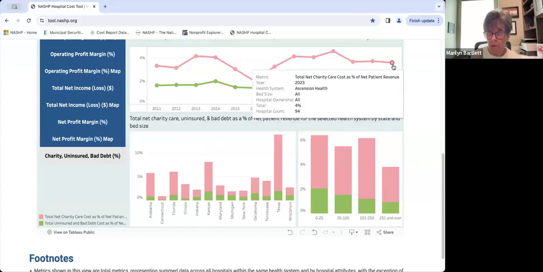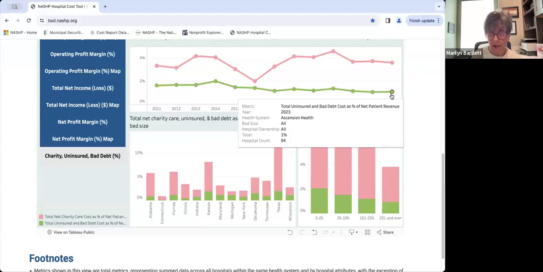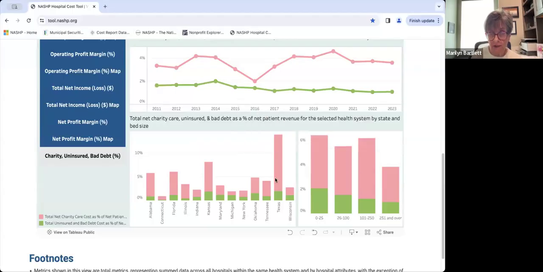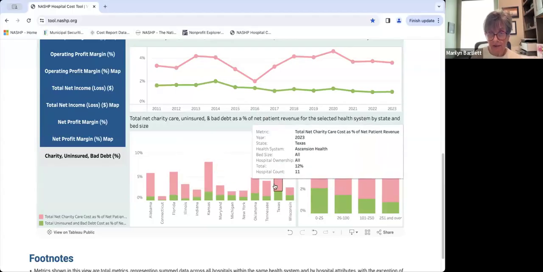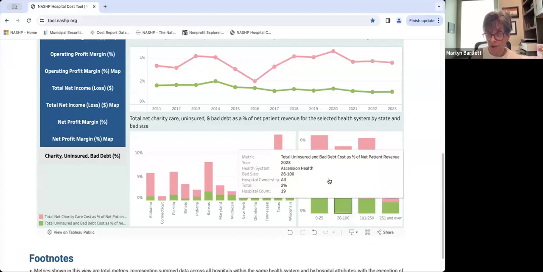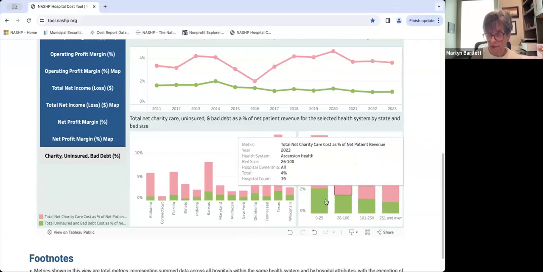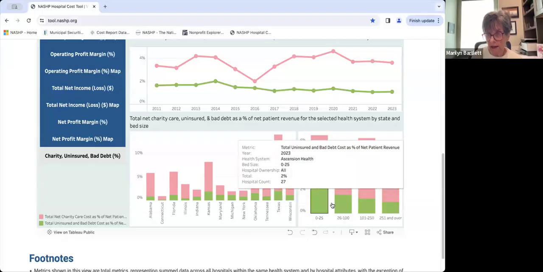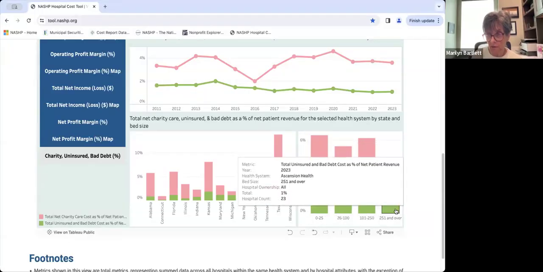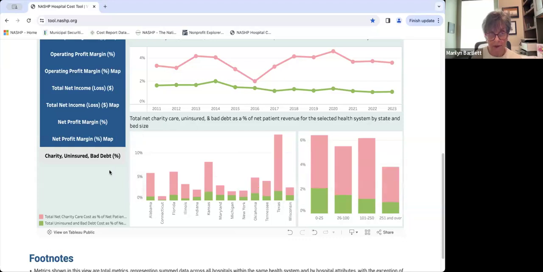It's running around 4%, and this is total. And uninsured running around 1%. And it's interesting to look by states. Texas is fairly high, 11 hospitals there. And then it's also interesting to look at bed size, and probably not a surprise, the critical access hospitals versus some of the larger ones.